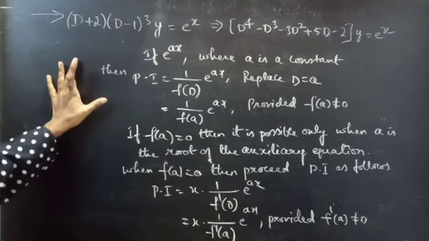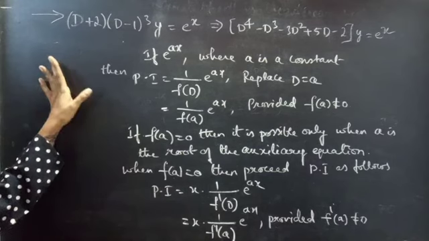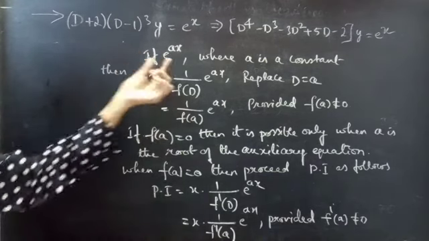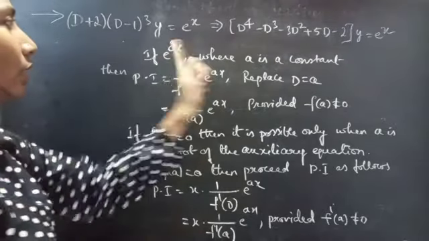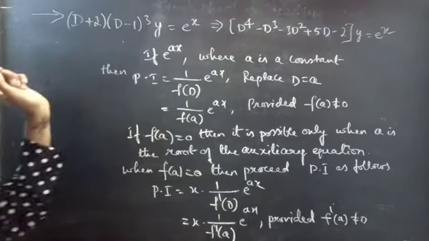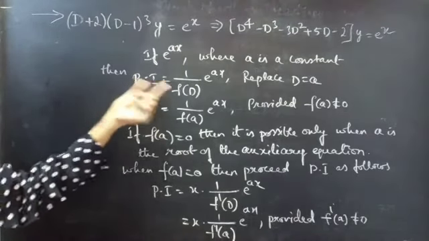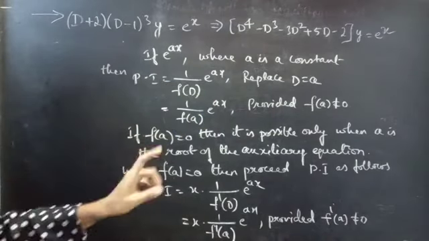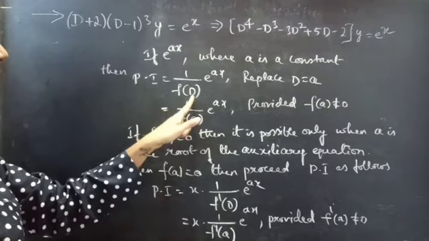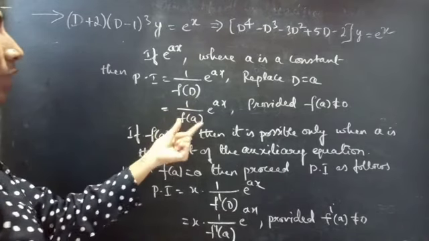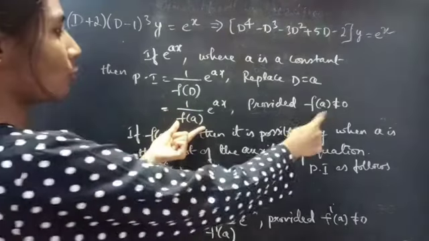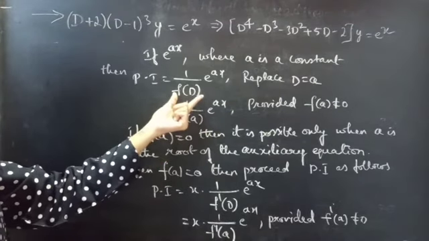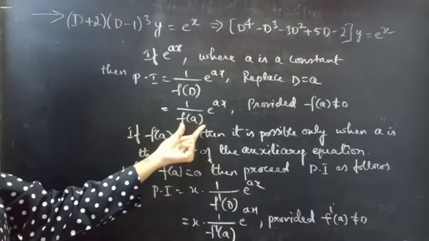Just have a quick recap on yp. If you have some Q equals e power ax form where a is a constant, then we find the particular integral using 1 by f of D into e power ax. Now we'll replace this D by a, then you'll get f of a. If f of a is not equal to 0, then we'll replace f of D by the f of a value.